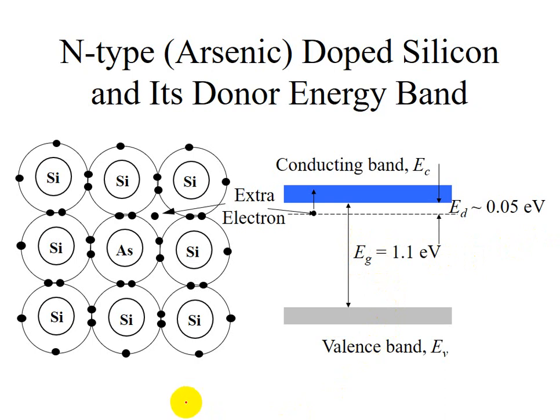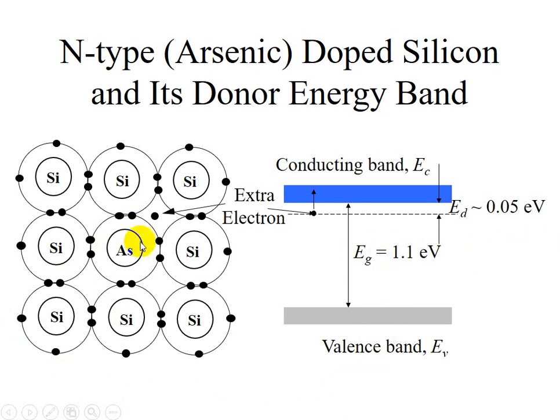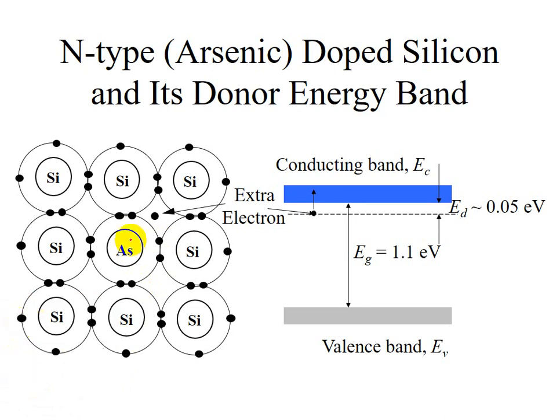For single crystal silicon, each silicon atom has to be bonded with another 4 atoms, to form covalent bonding and an atomic structure similar to argon.